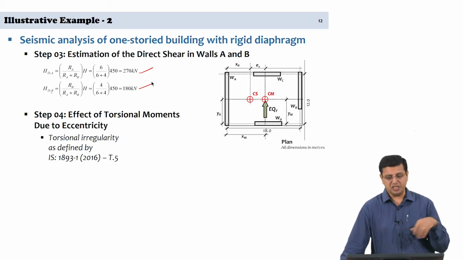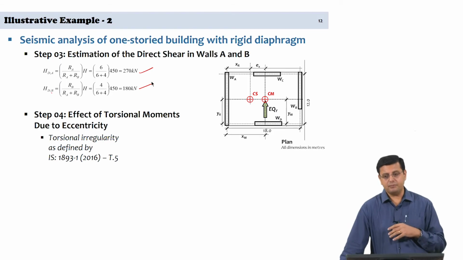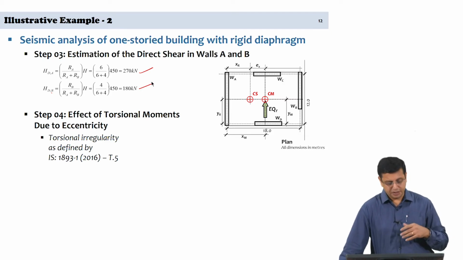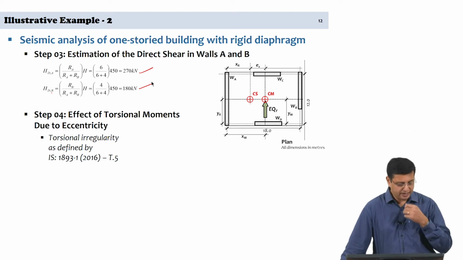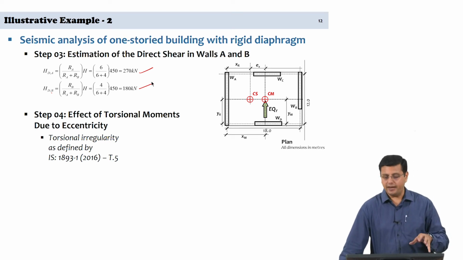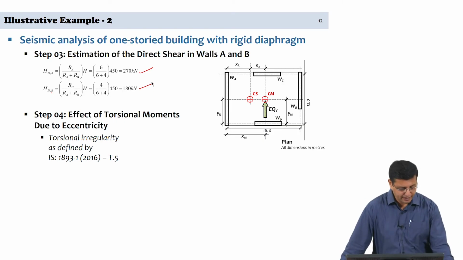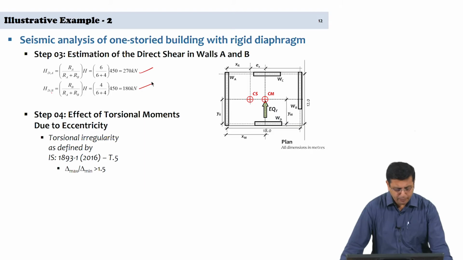It can be due to the shape of the building, and it can be because of the torsional irregularity due to the irregular disposition of the resisting shear walls. So, torsional irregularity, how does the IS code define? This is with reference to table 5 of IS 1893 part 1.